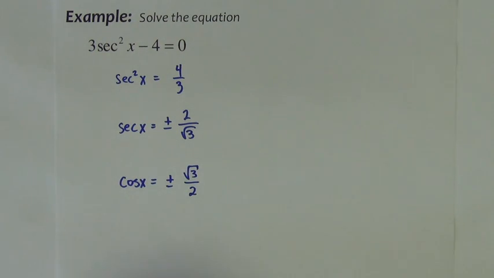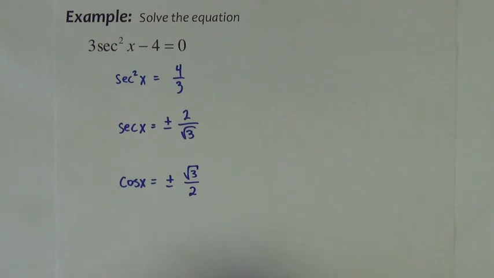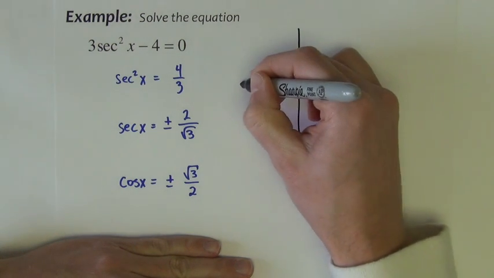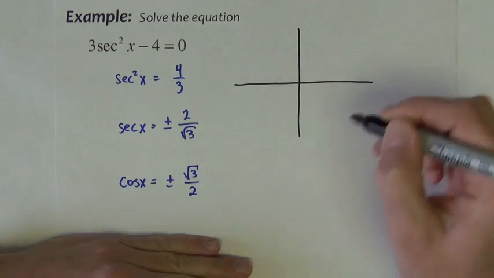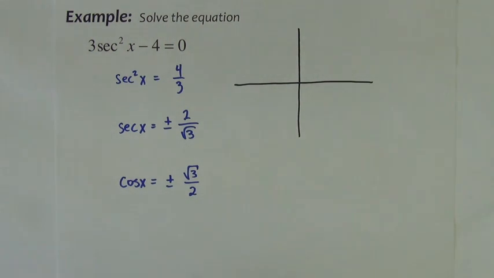Alright, how are we going to deal with this problem when the directions say solve the equation, not solve the equation over the interval? Let me again show this. There are four angles that are solutions to this equation.